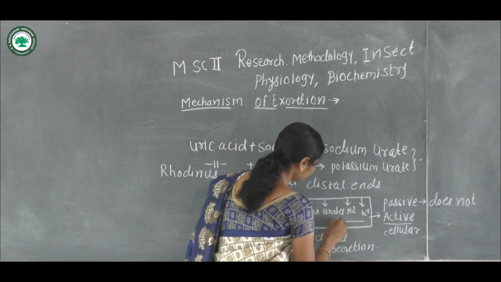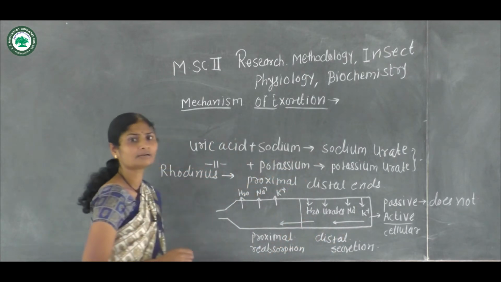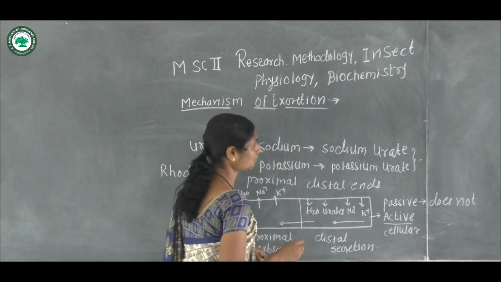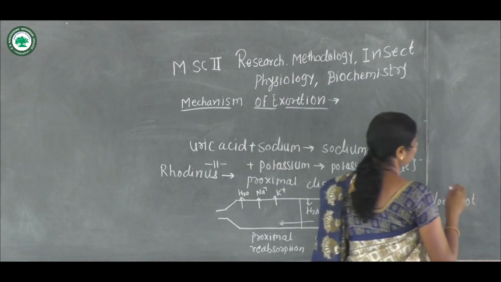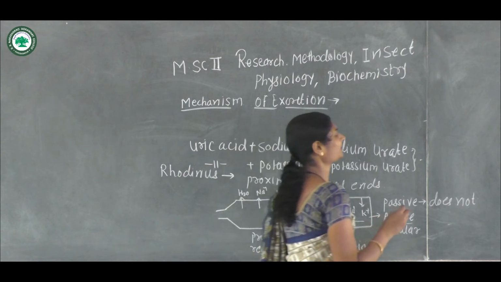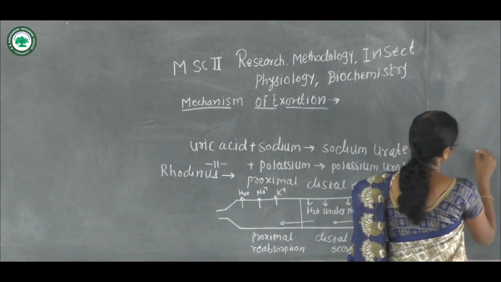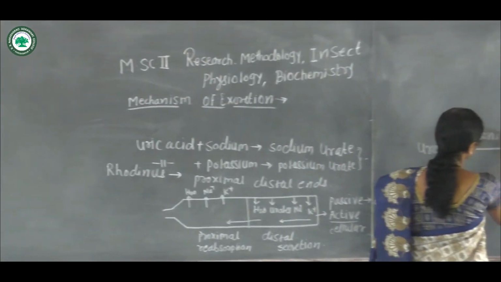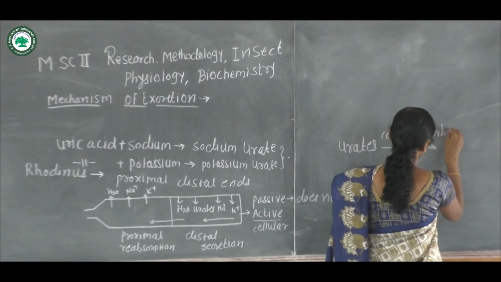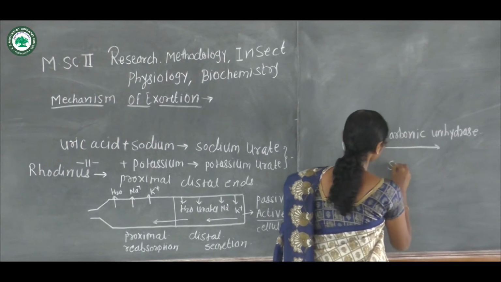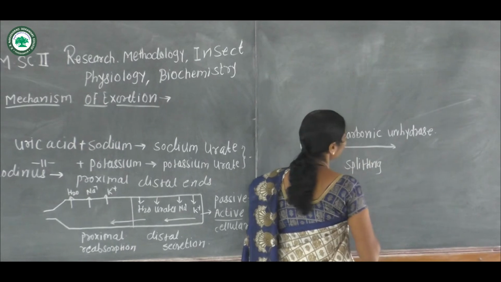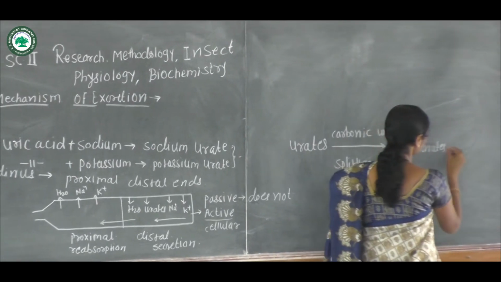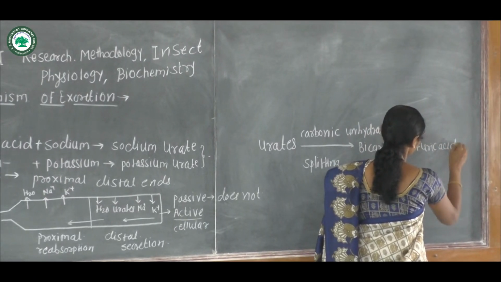From the distal region, these substances are transported towards the proximal region, and during this transportation the Malpighian tubules secrete the enzyme carbonic anhydrase. In the presence of carbonic anhydrase enzyme in alkaline media, the urates split into bicarbonates and uric acid.